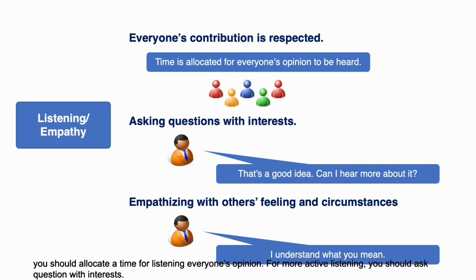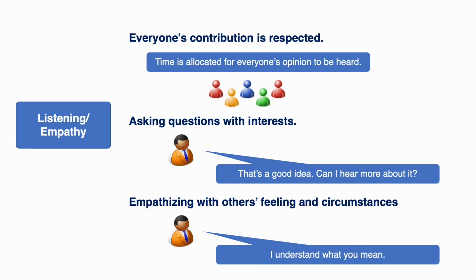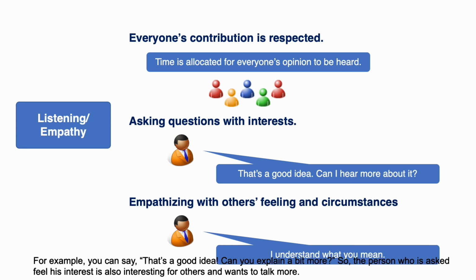For more active listening, you should ask questions with your interest. For example, you can say, that's a good idea. Can you explain a bit more? So the person who is asked feels this interest. His interest is also interesting for others and he wants to talk more.